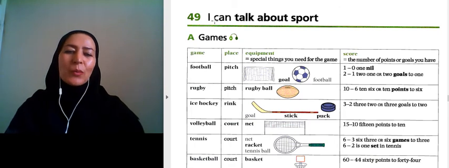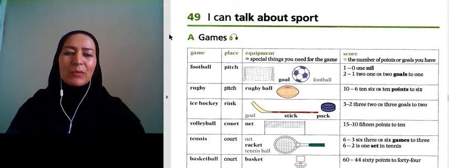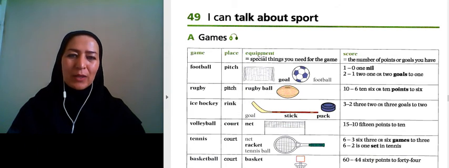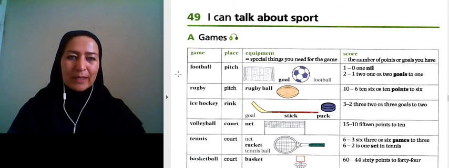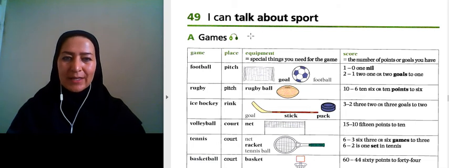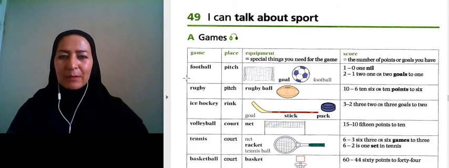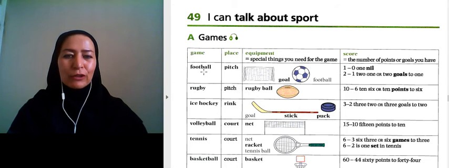So there are some words, the names of the games, the names of the places, and the equipment that we can use to talk about different sports. The first game that we're going to learn is football.